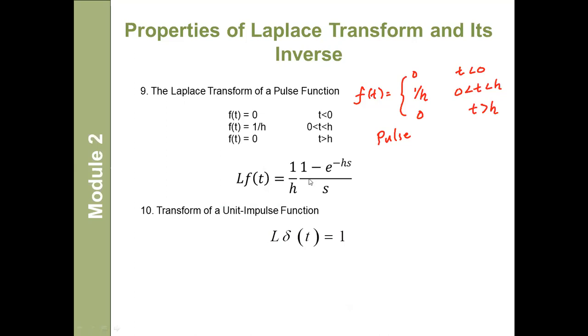Now, how do we get the Laplace transform of the pulse? How do you get the Laplace transform of this particular function? We will use the previous property, which is the time translation, where the time variable in your function was translated.